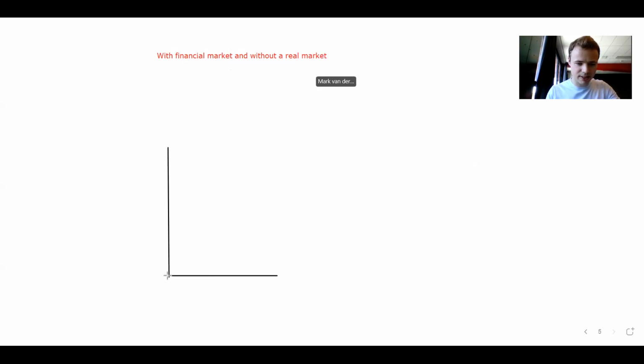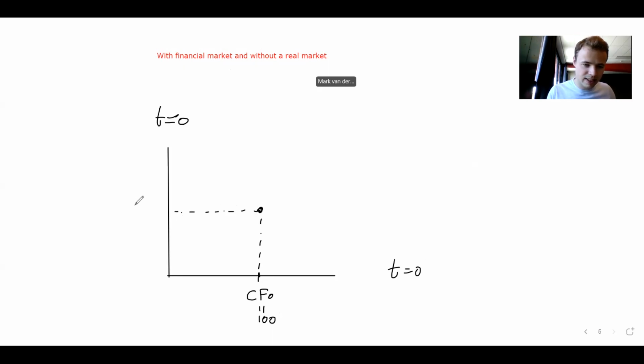So you have t is 0, t is 1. And we again say that CF0 is 100, and the CF1 is also 100. And the r is 10%.